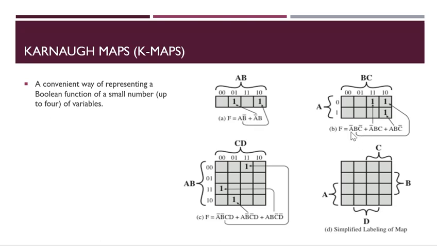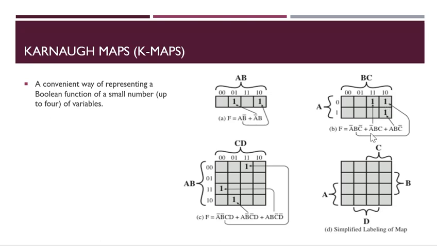For A bar as 0, look at the variable A and the 0 cells. After that, find cells containing 1 and 0. So this term should be marked inside this cell, because it is 0, 1, 0.